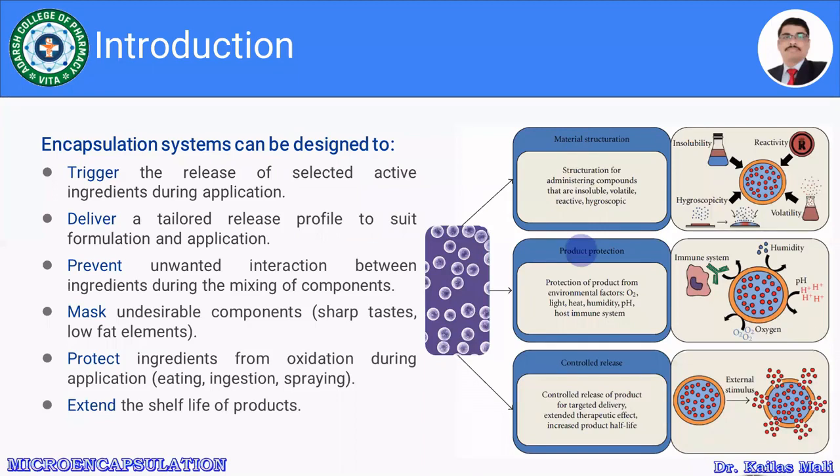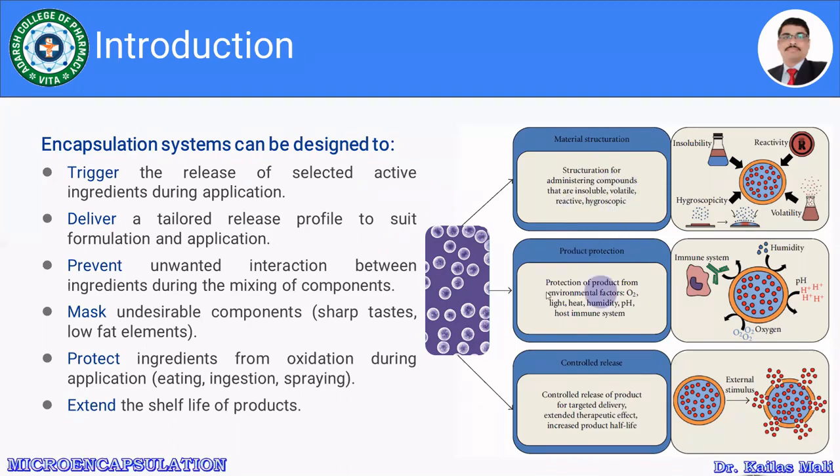So why go for microencapsulation? Broadly, it is for the material structuration, then product protection, and controlled release, which is related with the active pharmaceutical ingredient. So it is possible to administer compounds that are insoluble, volatile, reactive, and hygroscopic.